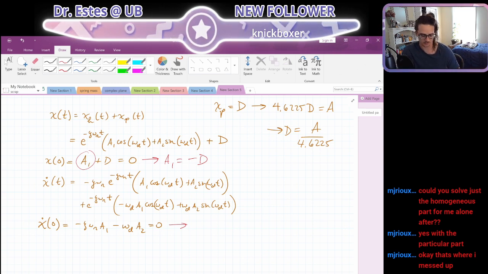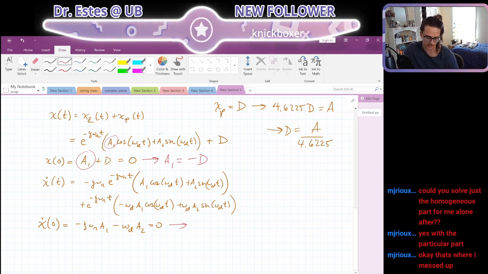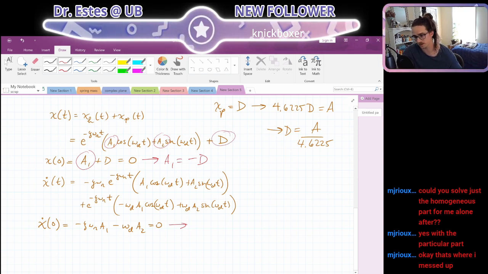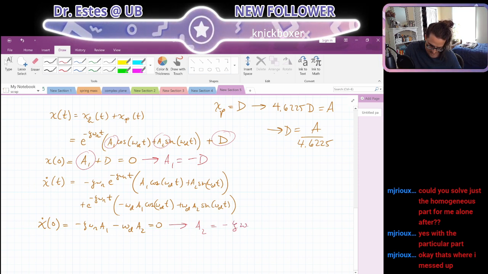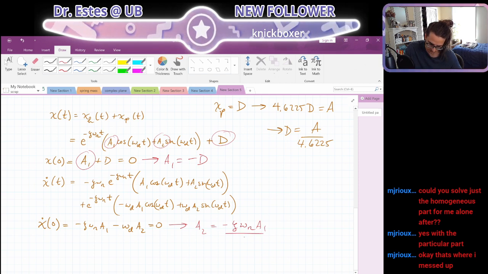Whenever you solve for these coefficients, it has to be along with the particular solution. Okay, so a2 then will be minus zeta omega n a1 over omega d.